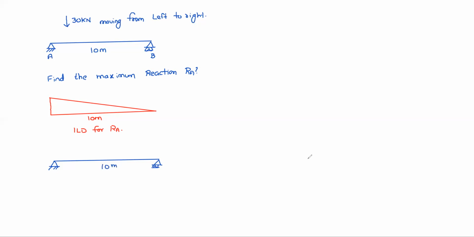If you keep the load at the B end, it is 0 ordinate. At A it is 1 unit ordinate. So to get maximum reaction, wherever you get maximum ordinate, at that location you need to put the load. That means we need to put the 30 kilonewtons here at A, because the ordinate is maximum at A for RA. That's why we keep 30 kilonewtons at the left end. So maximum RA equals 30 into 1, that equals 30 kilonewtons.